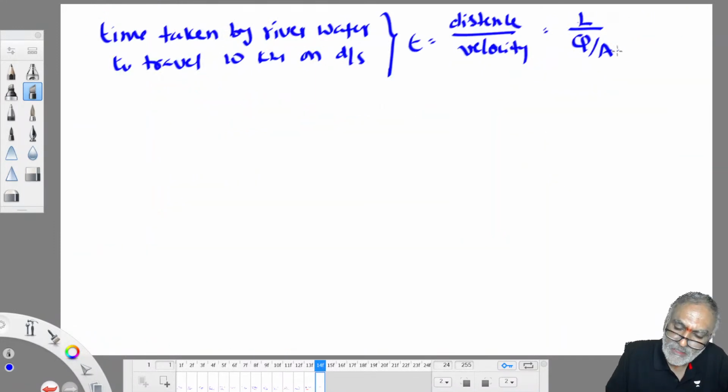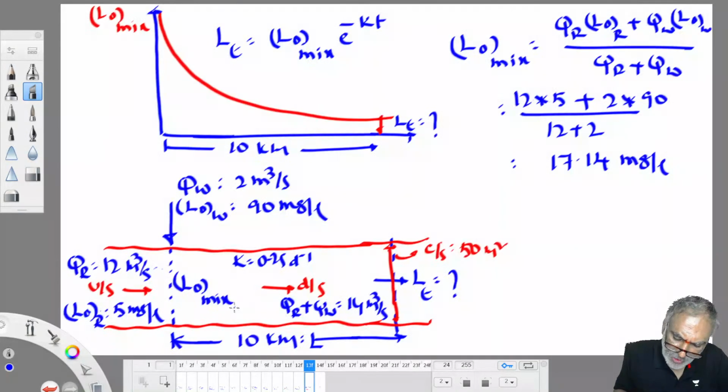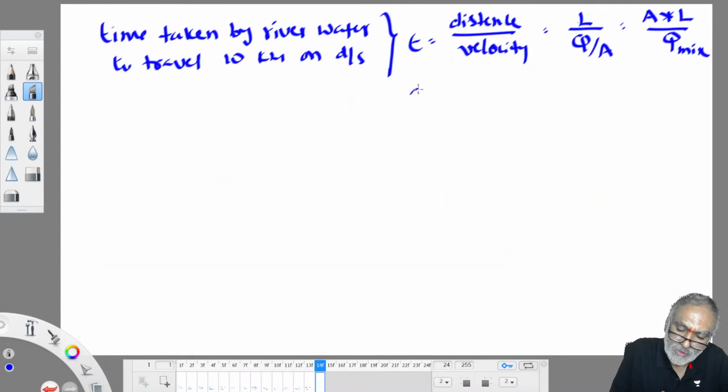So L into cross section area, so it is area into length by Q. What is Q? Q mix this is. Okay? What is Q mix? Q mix is equal to QR plus QW. So Q mix is equal to QR plus QW after mixing, this 12 plus 2, 14 meter cube per second.